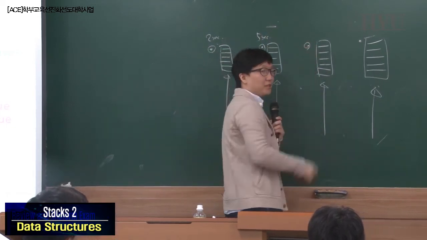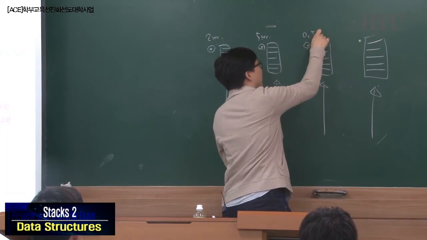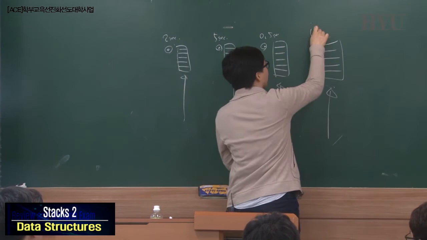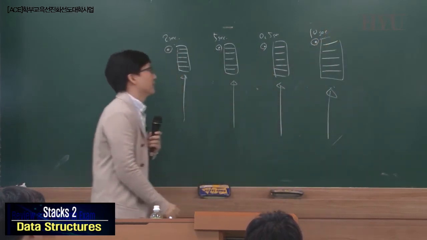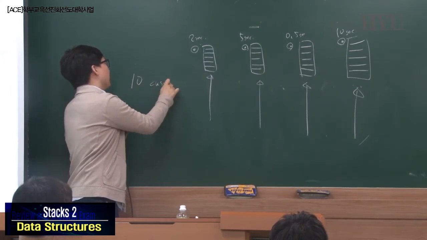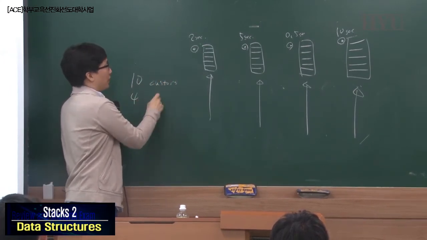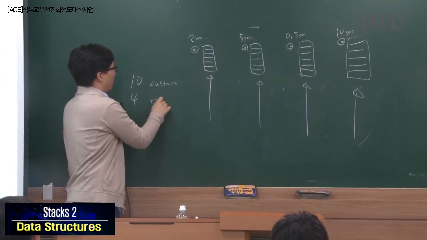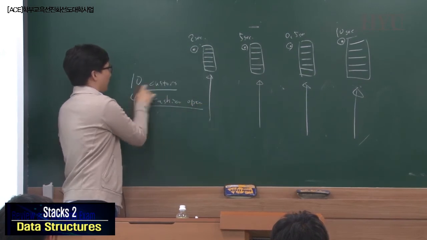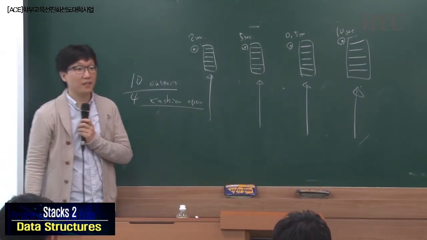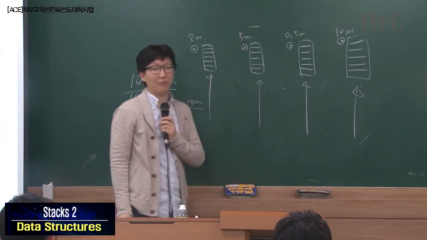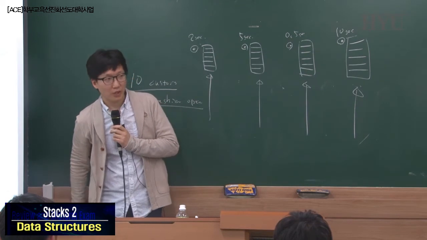This cashier is very experienced, so 0.5 seconds. This one doesn't know what to do, an intern, 10 seconds. And I say there are 10 customers. I have 4 counters, cashiers, open. How long does it take to finish 10 customers, to move them out of the queue? Which one is the best way of doing it?